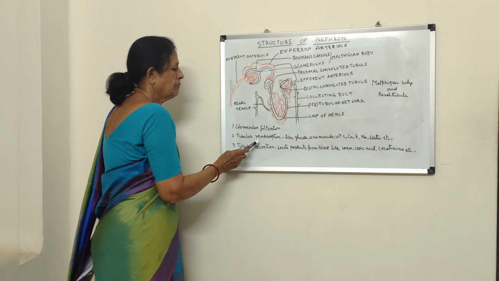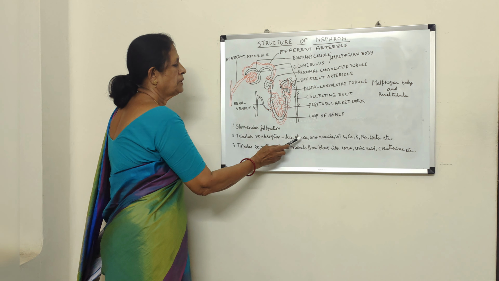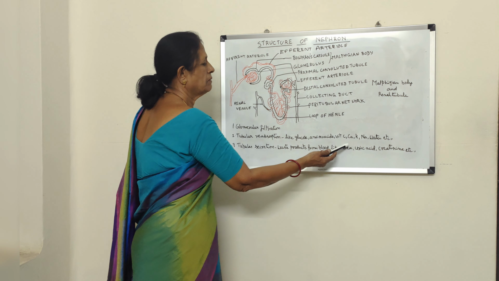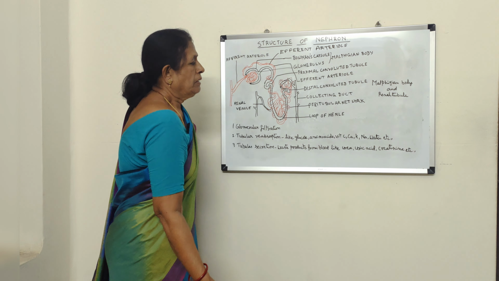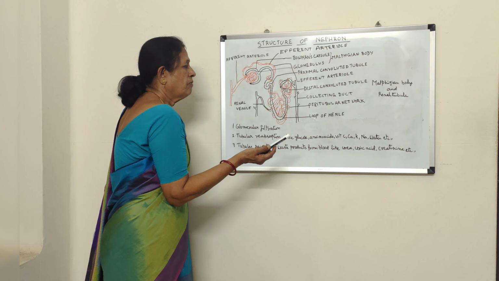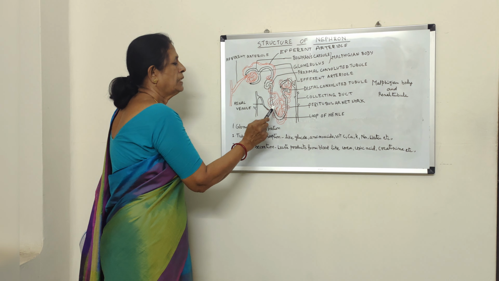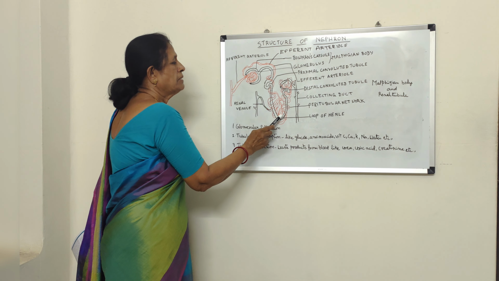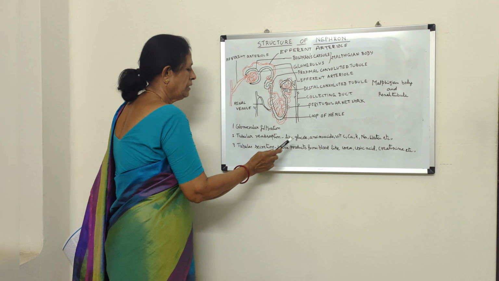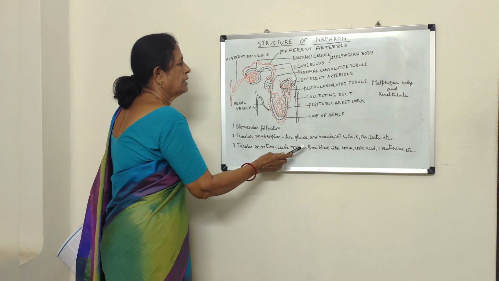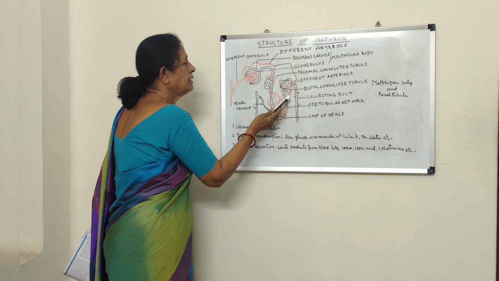In the proximal convoluted tube, reabsorption of important substances like glucose, amino acids, vitamins, calcium, potassium, sodium, and excess of water takes place. And in Henle's loop, what happens? The ionic balance is maintained. And in the distal convoluted tube, secretion, that means waste products from the blood are secreted out.